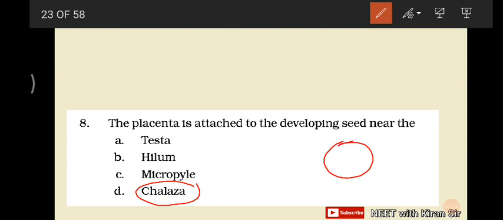Here this is the stalk of the seed, and I call this the placenta. An ovule is what will develop into a seed. This is the hilum, the junction between the stalk of the ovule and the body. So here it is attached to the placenta as the developing seed near the chalaza. So that is option D.